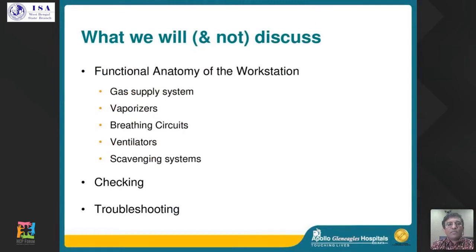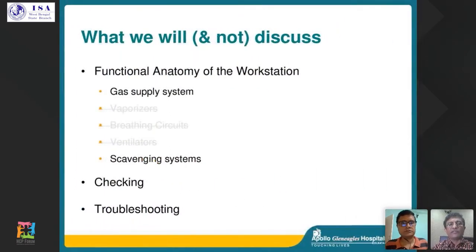So let me make it simple as to what we will possibly go through over the, I don't know how long it will take. The workstation has a functional anatomy which includes the gas supply, the vaporizers, circuits, ventilators, scavenging system.